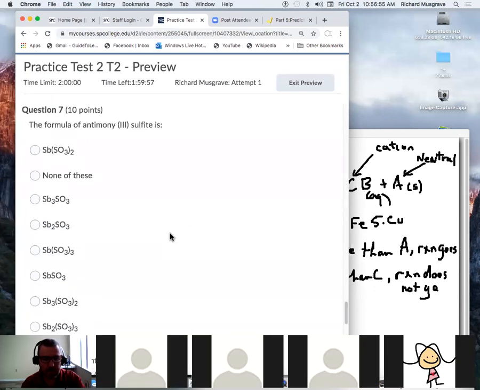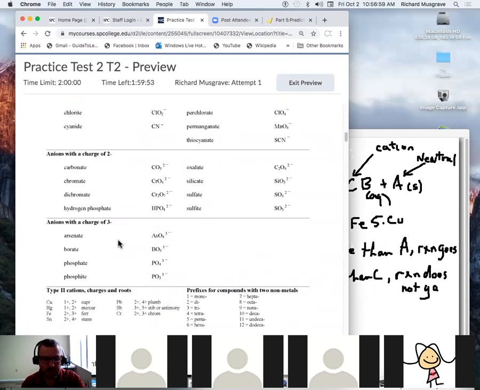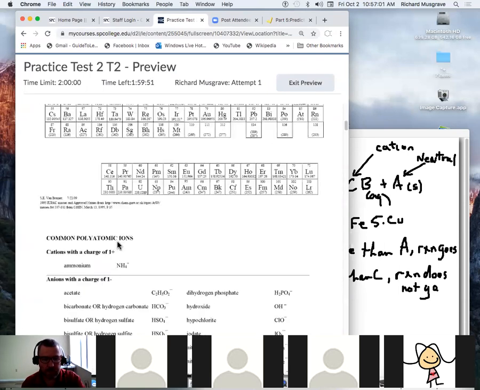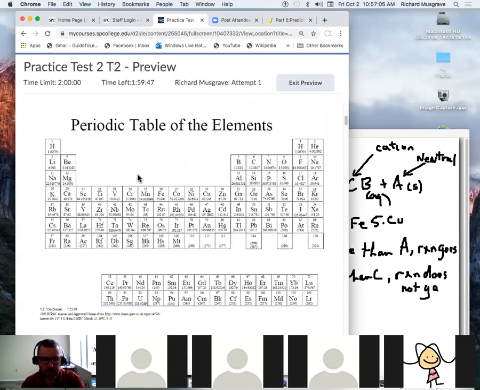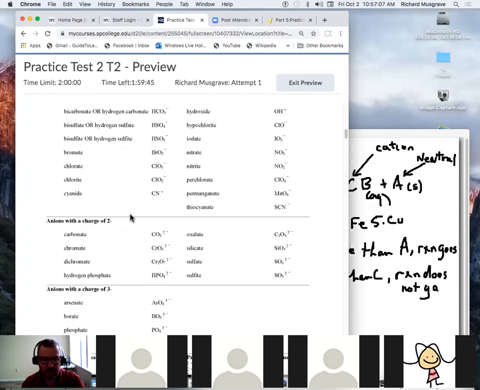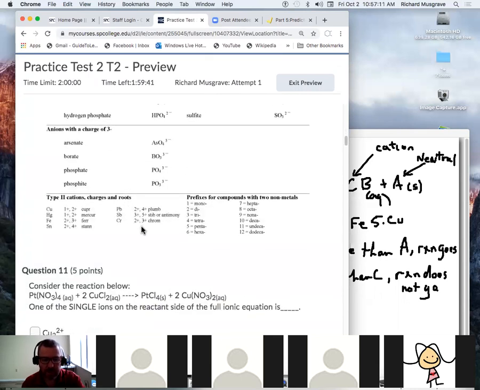So the questions that relate to Module 6, you'll find them after you see the periodic table and the polyatomic ion sheet here. So you'll have access to that during the test. This looks exactly the same.